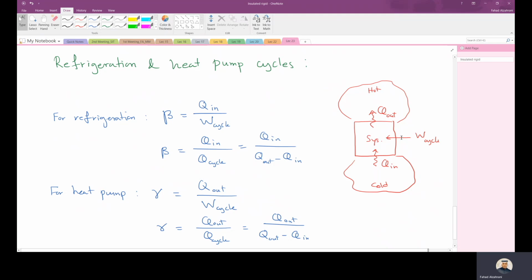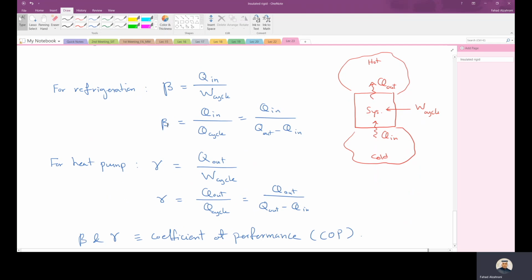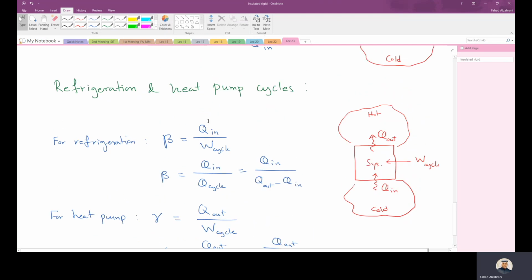Okay. Now, how can I extract heat from this cool body, or cool food, for example, is by applying work. So I'm providing work, or I'm inputting work into my system. So if I want to represent or evaluate the performance of this cycle, I call it beta here, which is called the coefficient of performance. It is basically my desired output, for example, the Qin. So my desired output is to remove as much heat as possible over the input, which is the work I'm inputting in order to remove this heat.